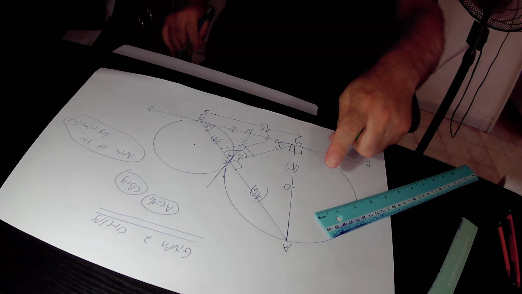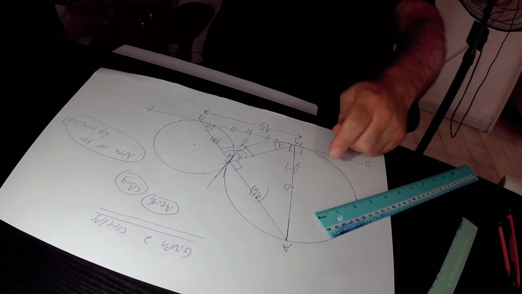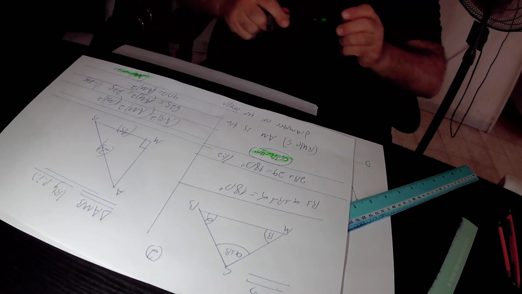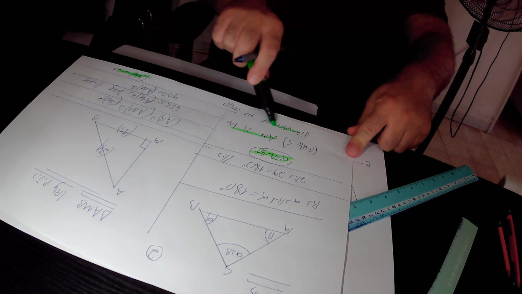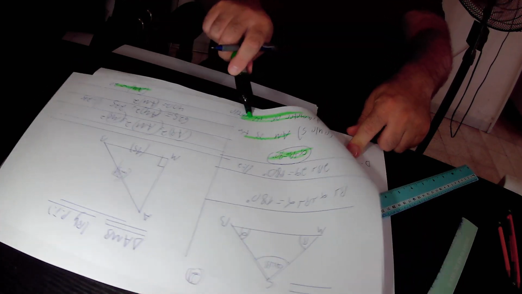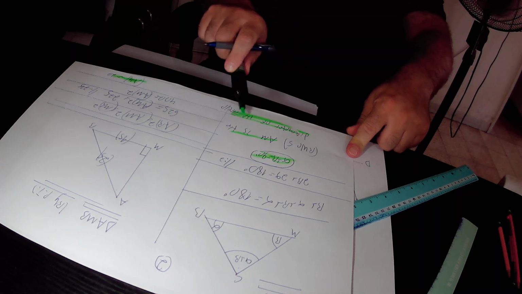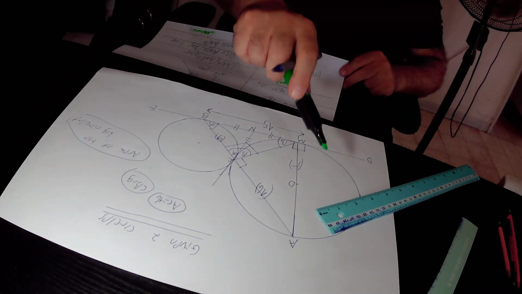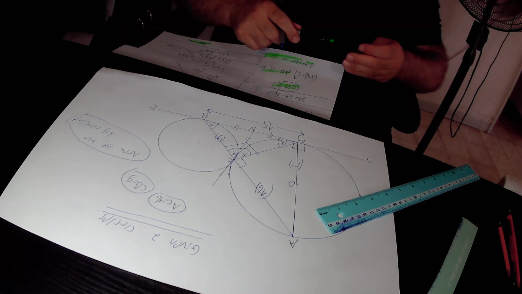We already found out that AM is the diameter of the big circle. According to rule 5, AM is the diameter of this big circle.